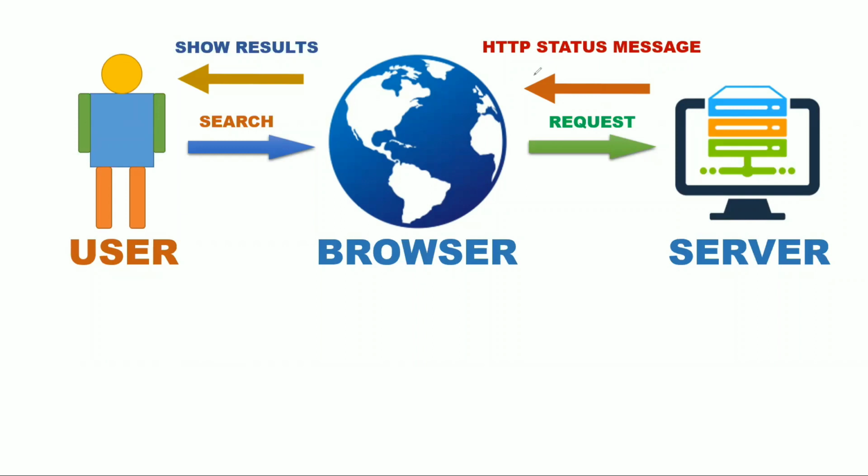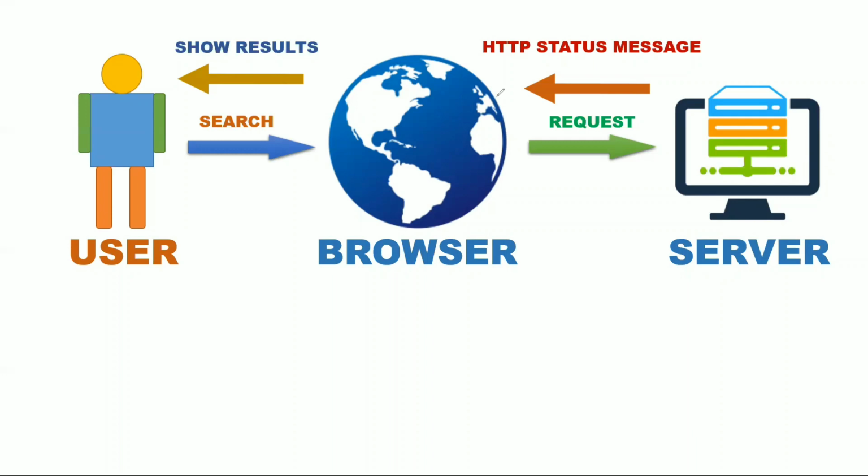But actually this HTTP status message is basically generated by PHP and ASP or JavaScript. These languages generally generate this HTTP status message, but these languages are also used with HTML. That is why this HTTP status message is also part of HTML, and you have to understand it.